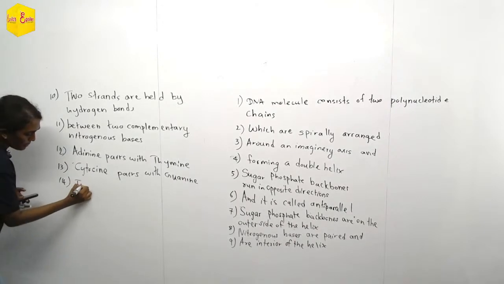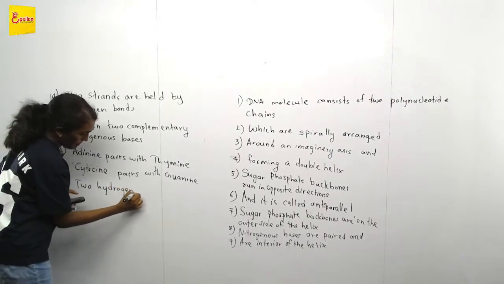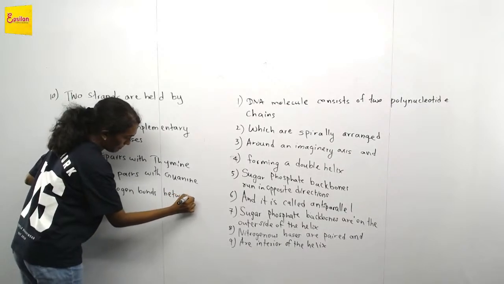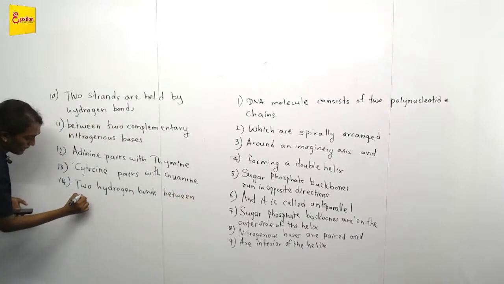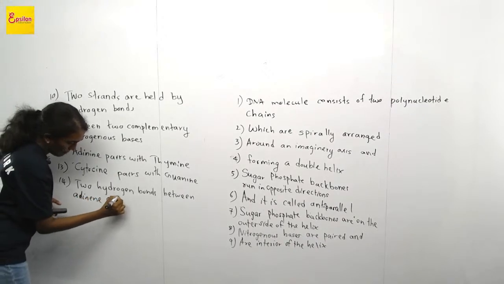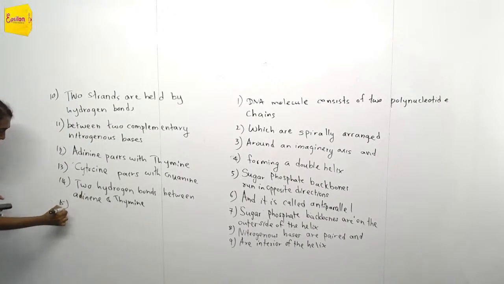Number 14. Two hydrogen bonds between adenine and thymine. Number 15.